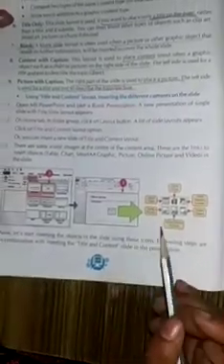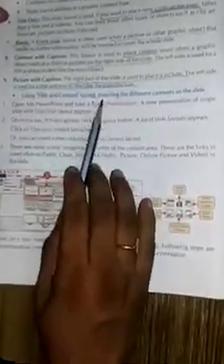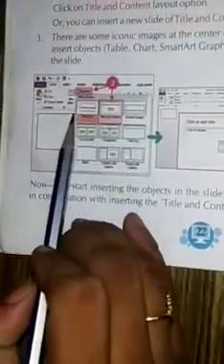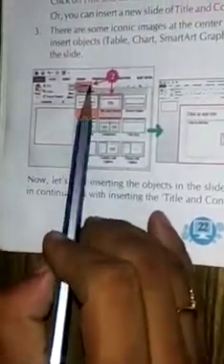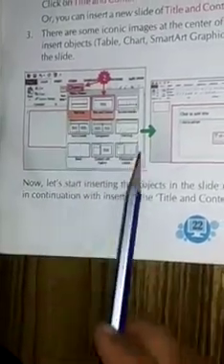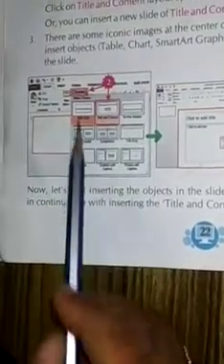Okay children. Then using title and content slide layout, inserting the different content on the slide. Just go on the home tab, then layout. Then if you click on the layout, then such kind of layout appears.